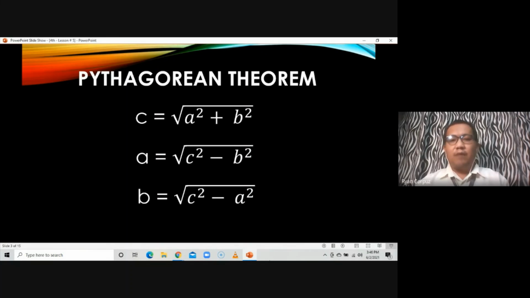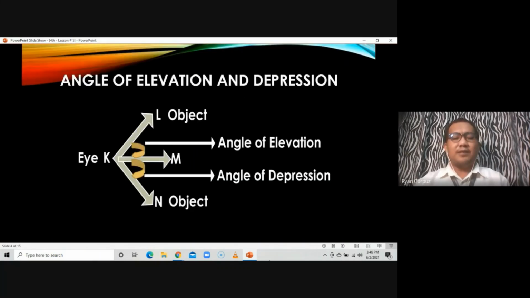Take note, if two given sides of a right triangle are already given, in order for you to find out for the third side, you are just going to apply what we call the Pythagorean theorem. So aside from Pythagorean theorem and six trigonometric ratios, the next thing that will help us is about our discussion about angle of elevation and depression.